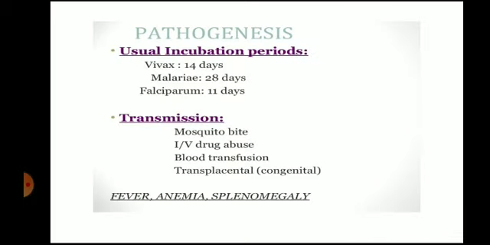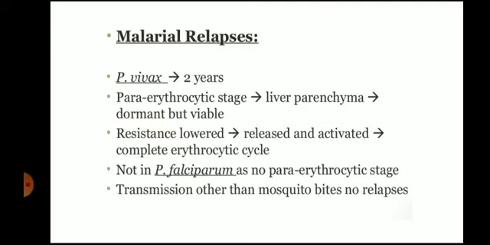Pathogenesis. The usual incubation period for vivax is 14 days, malariae 28 days, falciparum 11 days. Transmission is by mosquito bite, IV drug abuse, blood transfusion, transplantation, and congenital, and it is associated with fever, anemia, and splenomegaly.